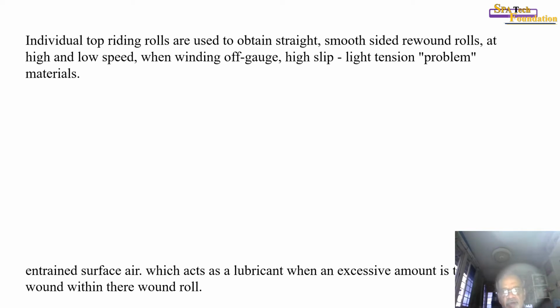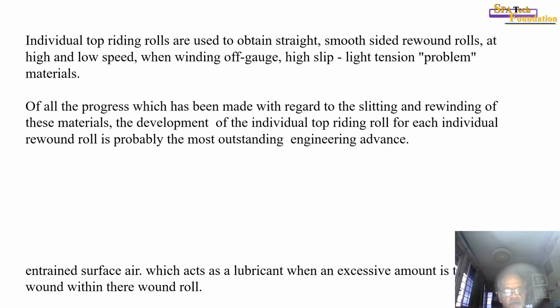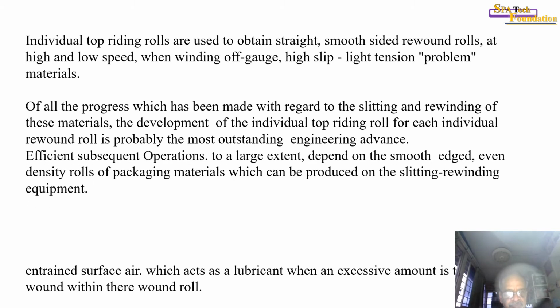When winding light gauge, high slip, light tension problem materials, of all the progress which has been made with regard to the slitting and rewinding of these materials, the development of the individual top riding roll for each individual rewound roll is probably the most outstanding engineering advance.